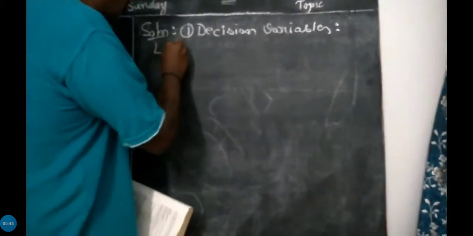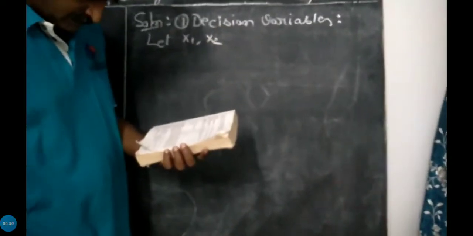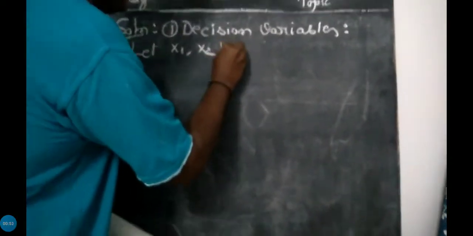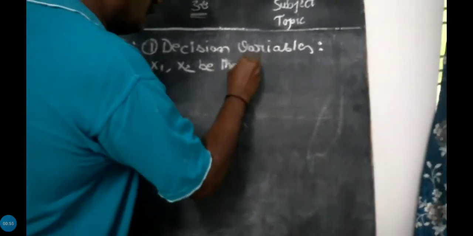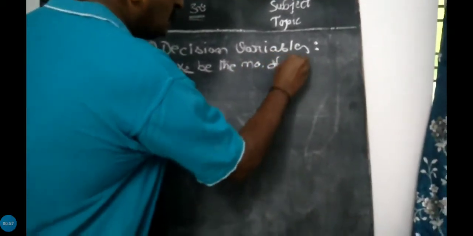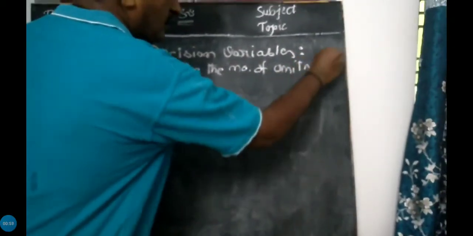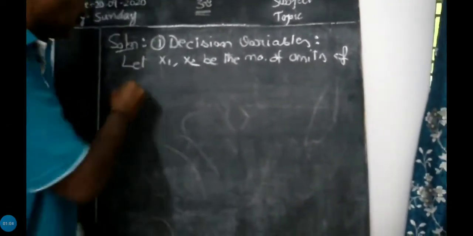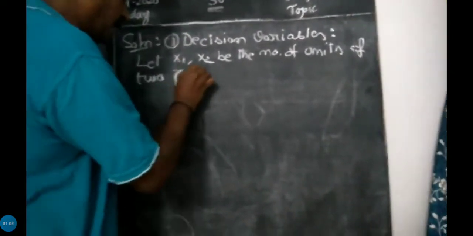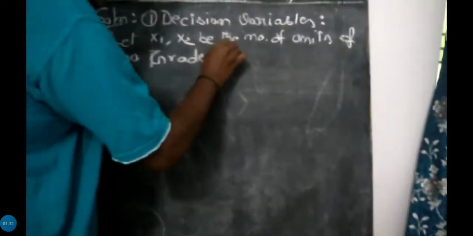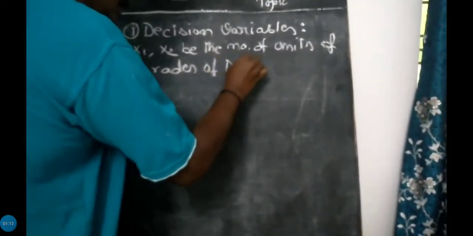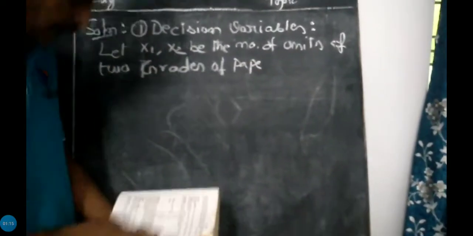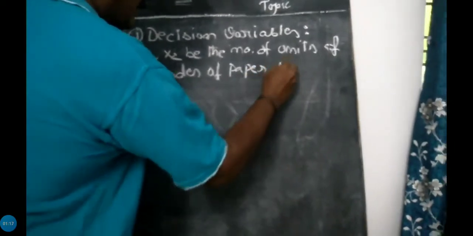In this problem, let x1, x2 be the number of units of two grades of paper, paper of X and Y.